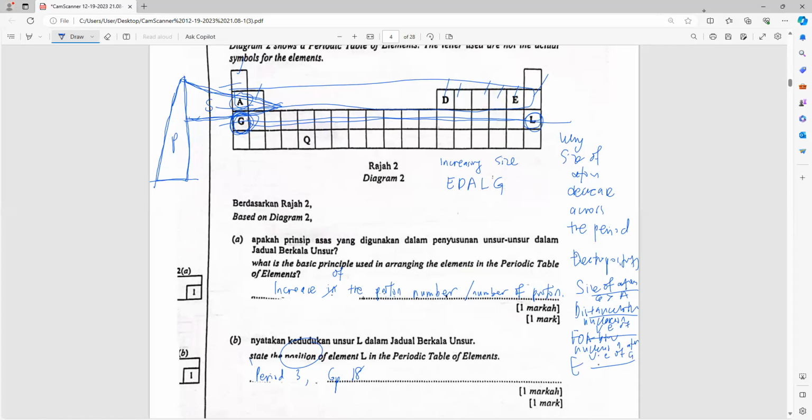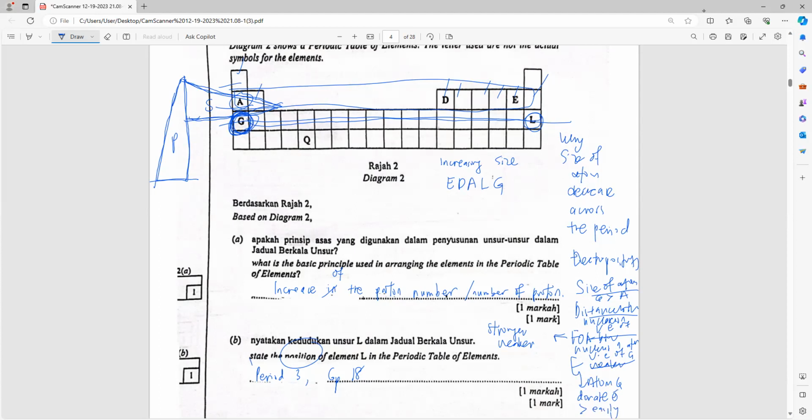Forces of attraction can only be two things: stronger or weaker. If you write increase or decrease, your answer is wrong. Can I ask you, the force of attraction between nucleus and valence electron for atom G, is it weaker or stronger? Weaker. Very good. The further it is from the nucleus, the weaker it is. It's weaker than atom A. Therefore, E here: atom G can donate its electron more easily compared to atom A.